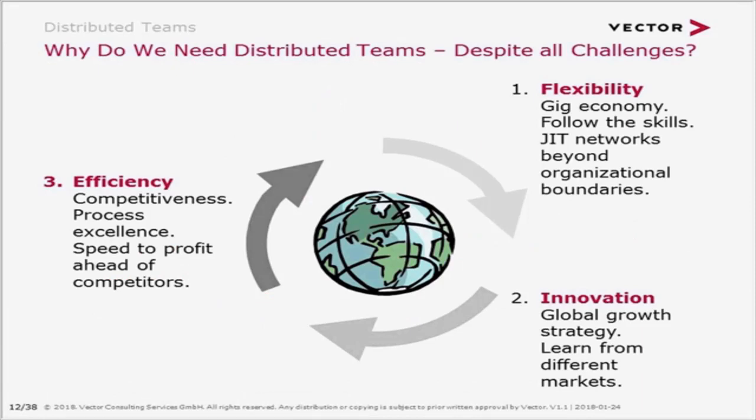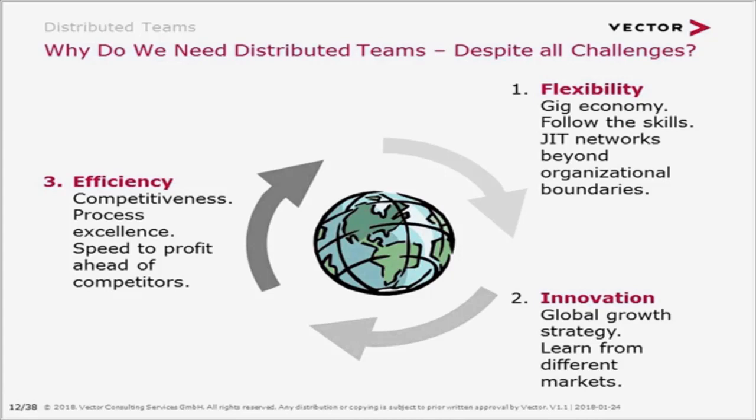The reasoning on distributed teams and global development has moved over the past 20-30 years, certainly away from only looking at cost into much more flexibility. When I speak about flexibility, what I really mean is that we need to be continuously present in very different setups, follow the skills, as I call it, as opposed to follow the sun in the old days, and just-in-time networks which go beyond organizational boundaries.